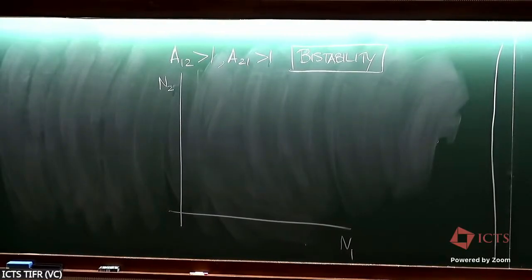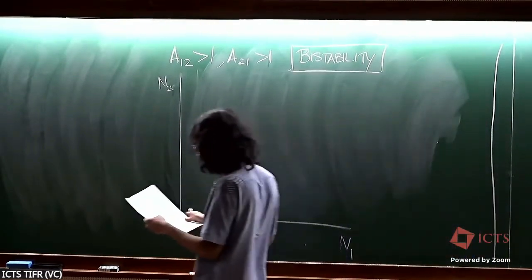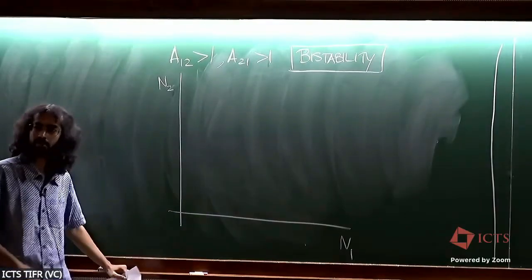Okay, ready? 3, 2, 1. Okay, so most of us think there are 4 fixed points. Some of us don't want to participate at all. Okay, and which 4 might they be?